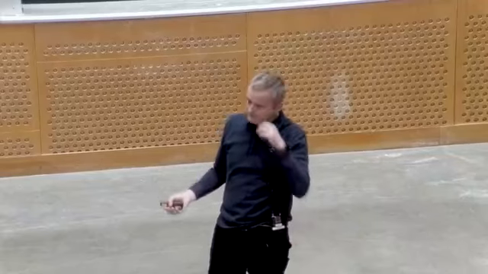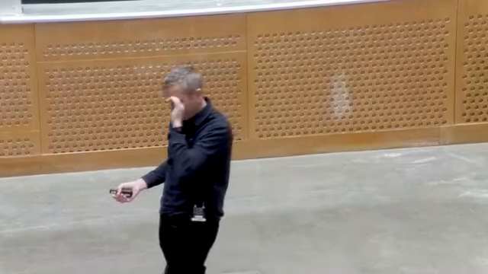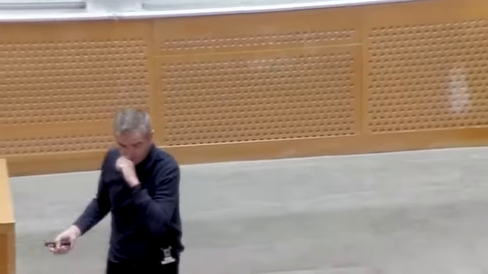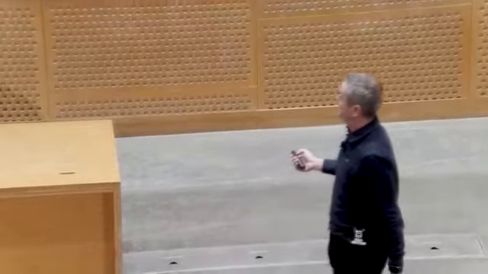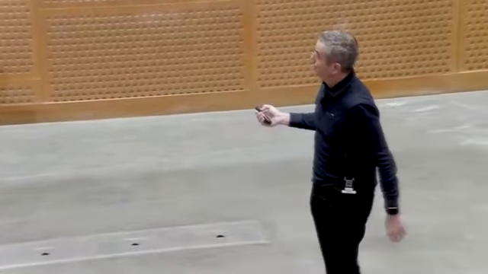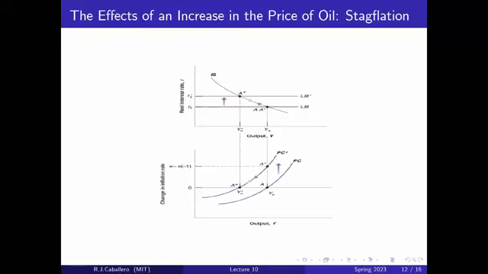Well, the problem is that it didn't come back by itself that fast. Some things came back fairly fast, some others did not. In particular, labor force participation did not come back sufficiently fast. And so that's the reason we stayed too long in a situation like this, and that's one of the main reasons inflation crept up in the US and also in other places in the world.